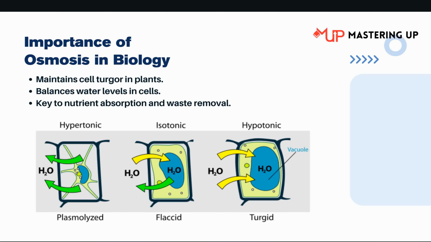In an isotonic solution, the concentration of solutes is balanced on both sides of the membrane. So here water flows equally in and out, keeping the cell size stable.